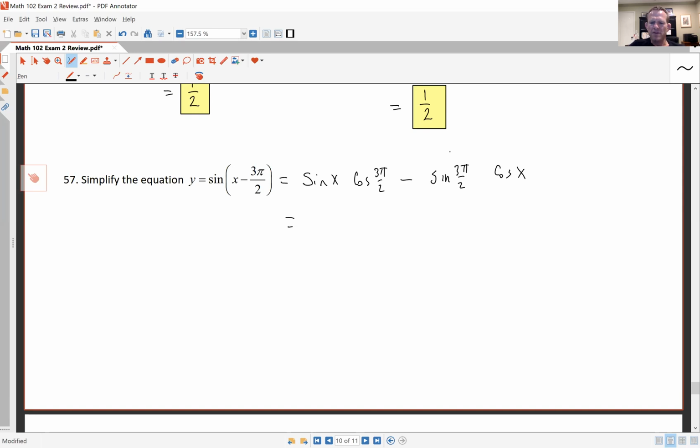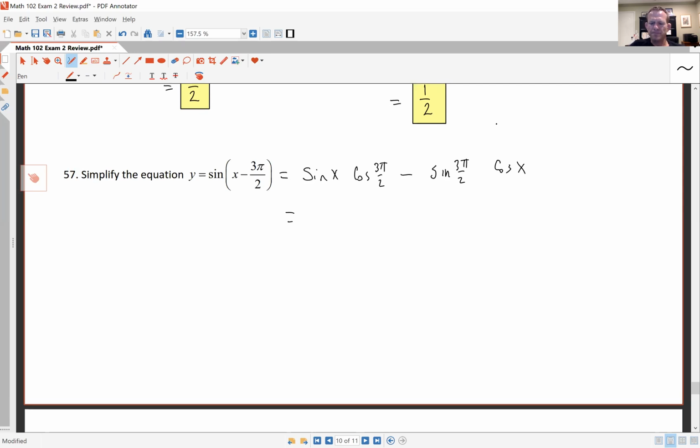Sine goes 1 at pi over 2, and negative 1 at 3 pi over 2. So that's going to be a plus 1 times cosine x, whereas the cosine of 3 pi over 2 is 0. So we're just left with equals cosine x.